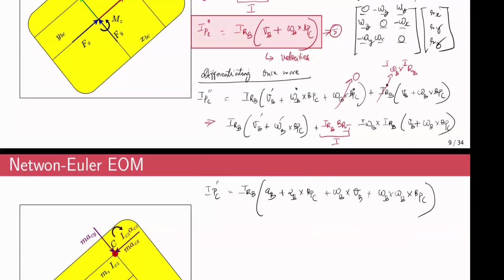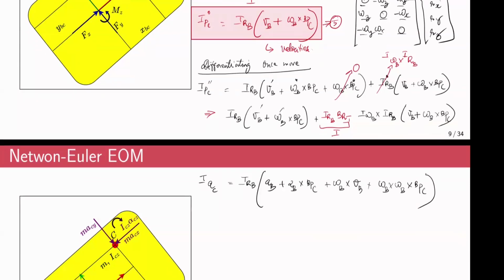right? And the double derivative of the position vector of C with respect to I I can write as the acceleration of point C with respect to I, right? I can also write this equivalently as the acceleration of point C with respect to B multiplied by the rotation matrix, acceleration of B with respect to I, because these are equivalent.